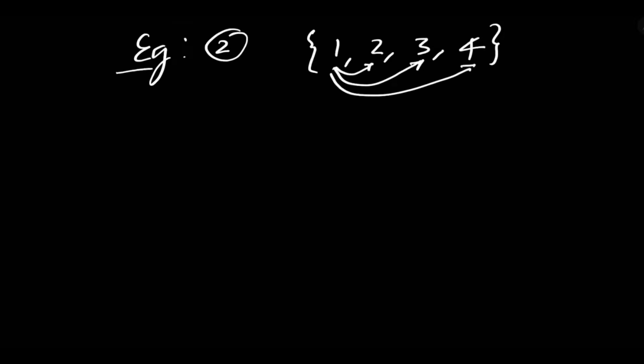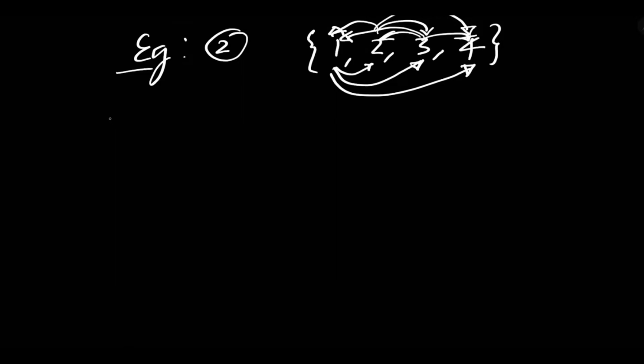Then again, the reverse: 2, 1, 3, 1, and 4, 1. Then 2 with 3, 2 with 4, 2 with 1. That's what comes in the reverse. And then 3 with 4, 3 with 2, and 3 with 1.